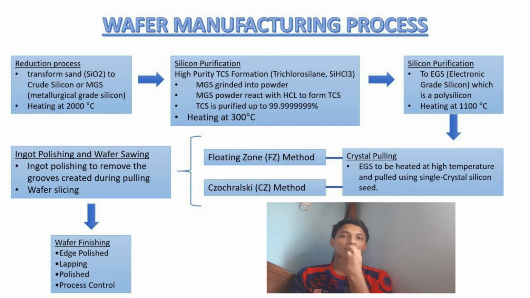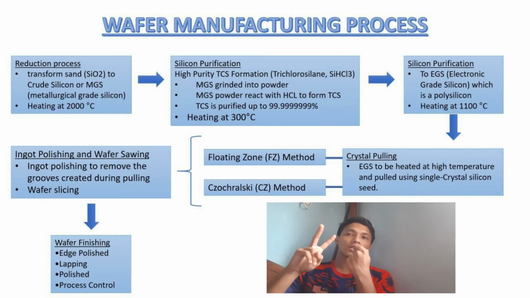Then we move to crystal pulling, where the EGS, which is molten, is heated at a high temperature and pulled using a single crystal silicon seed. We have two methods, the floating zone method and the Czochralski method, to get the rod shape of the silicon, which we call an ingot.